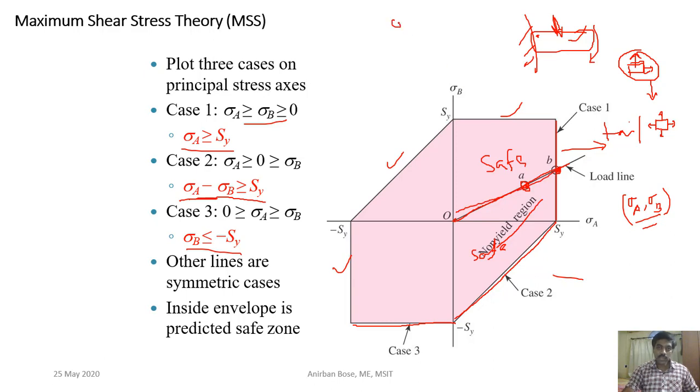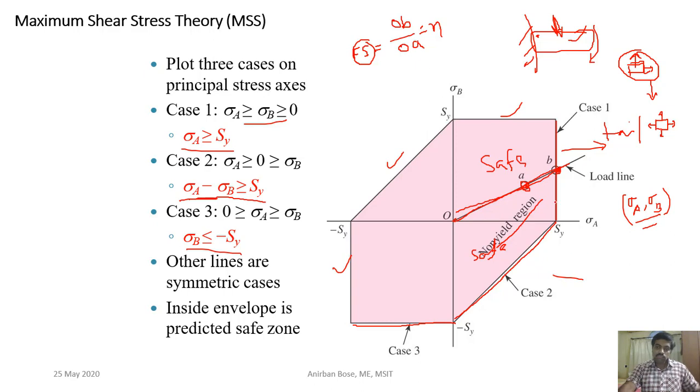So OB by OA is the factor of safety, which we symbolize by N.